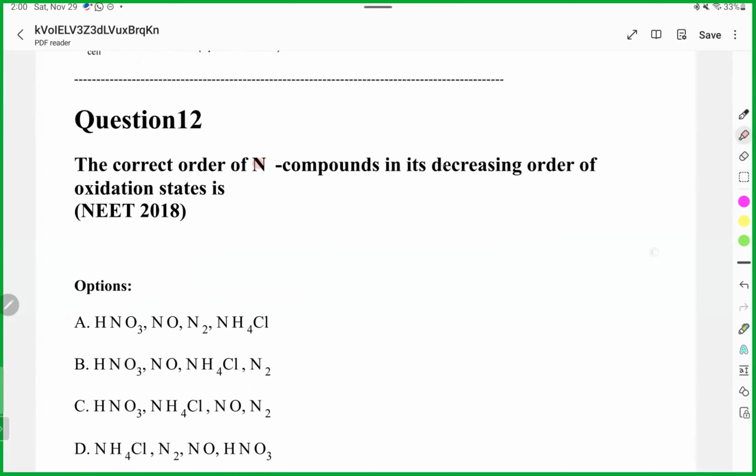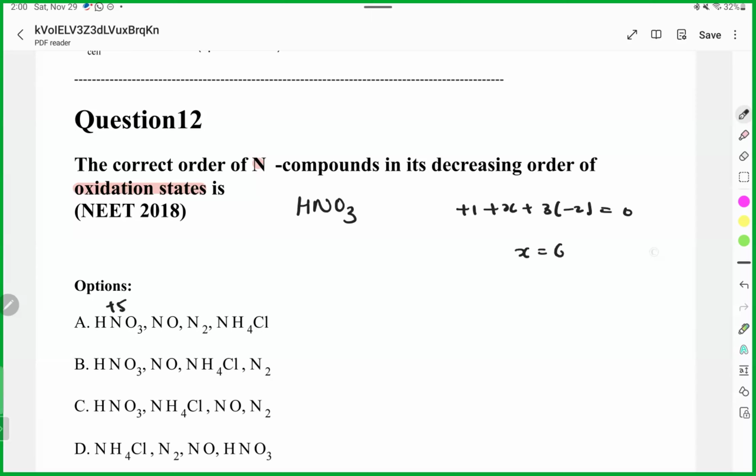Order of nitrogen compounds in decreasing order of oxidation state. What is the oxidation number in the nitrate? 6, 5. Why? +1 times 3, 2 times 3 is 6.